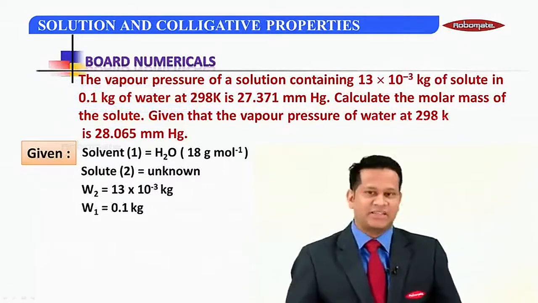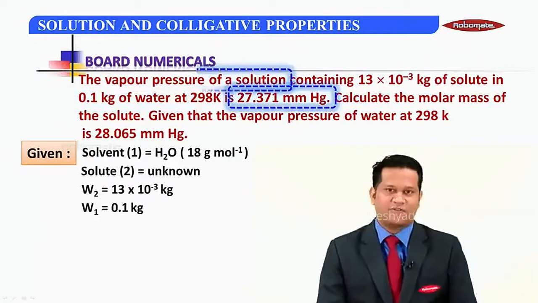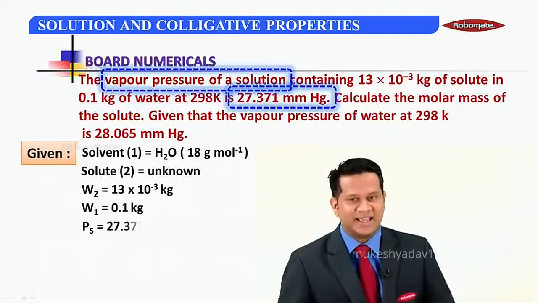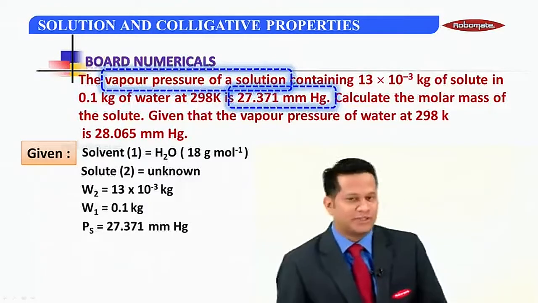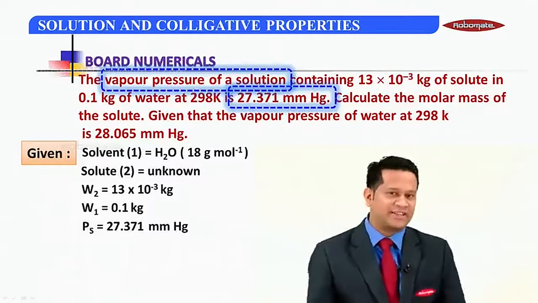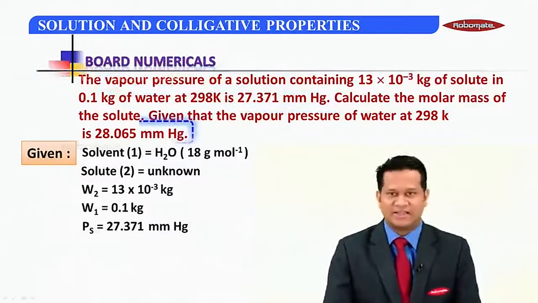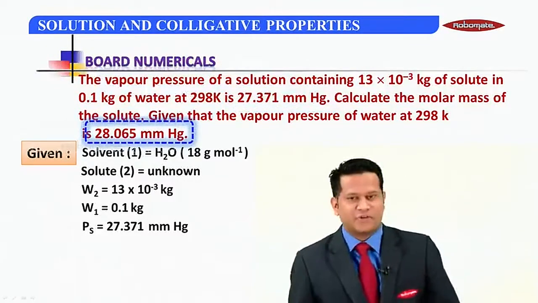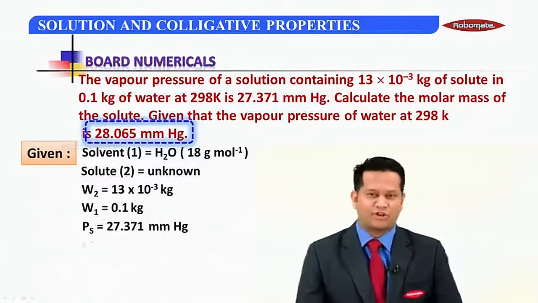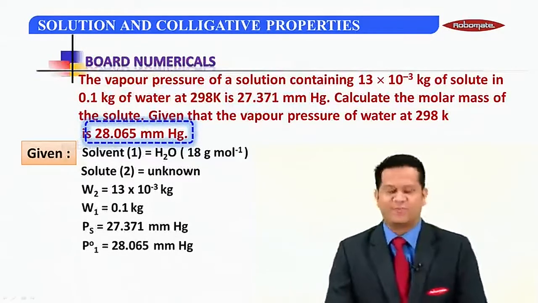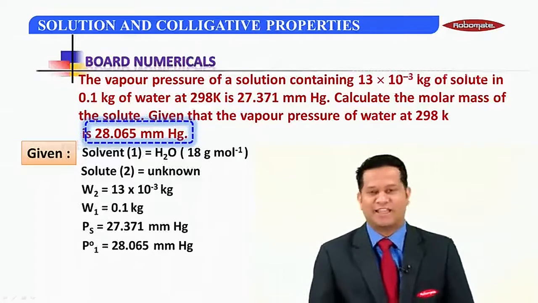The third data is the vapor pressure of the solution, that is PS, which is 27.371 millimeters of Hg. And the last data is the vapor pressure of water. Water is pure solvent, so P0 1 is 28.065 millimeters of Hg.